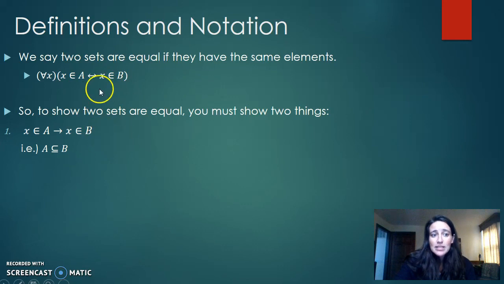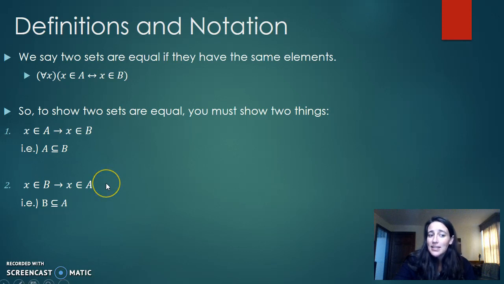We first need to show the implication read from left to right: if X is in A, then X is in B. Recall that's the same thing as showing A is a subset of B. Then we show the implication in the other direction: if X is in B, then X is in A. Again, that would be the same thing as showing B is a subset of A.